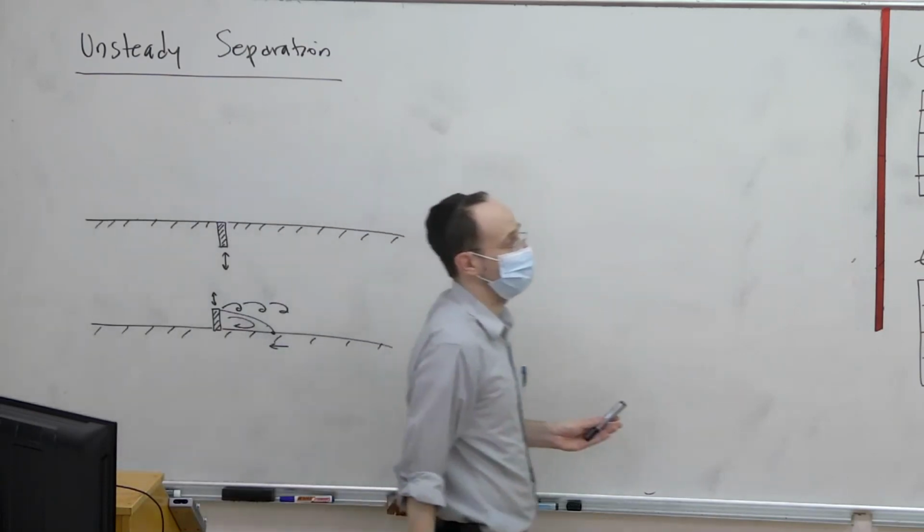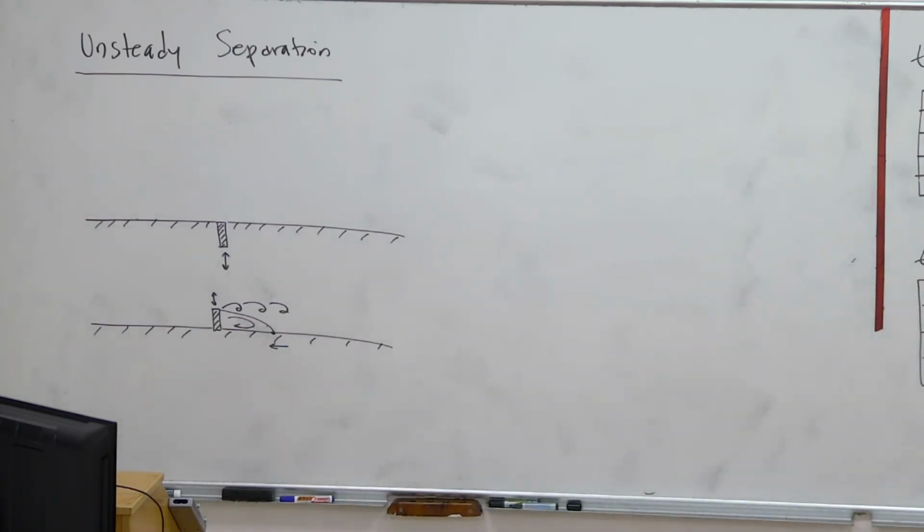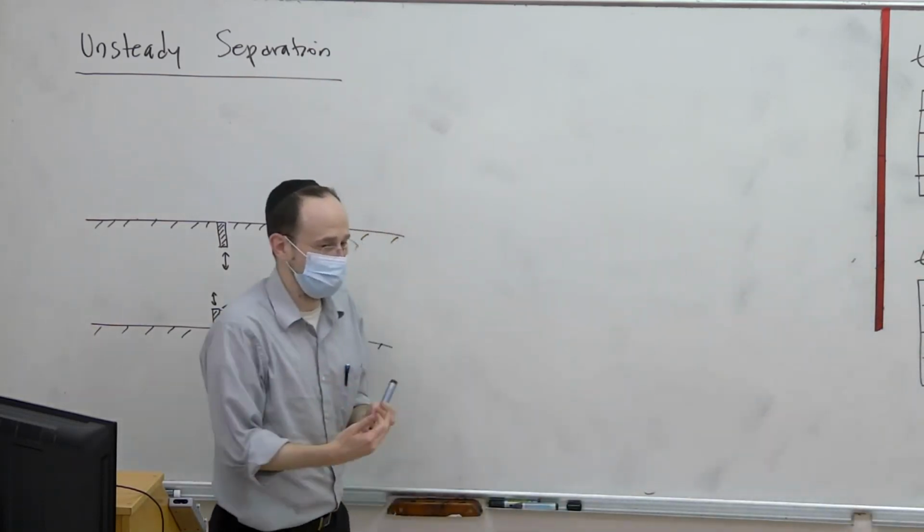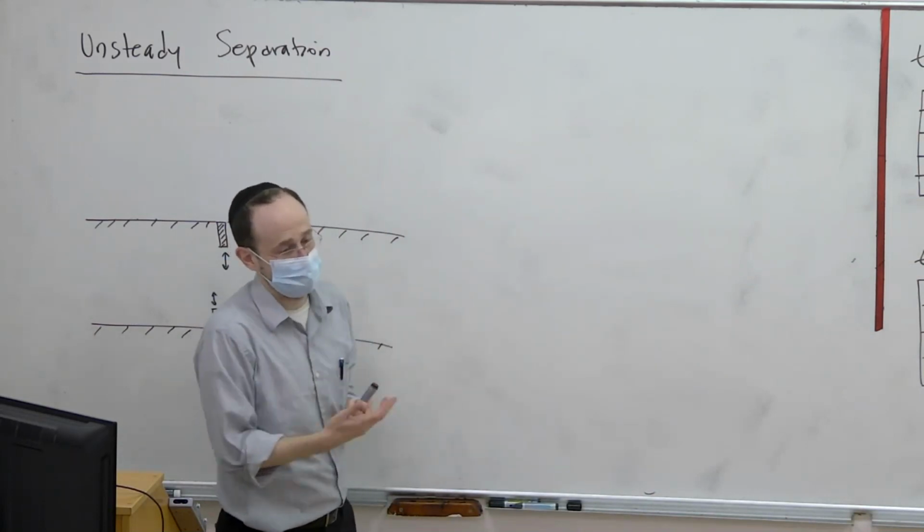So if I have a flow problem like here, where I know that I'm producing a separation bubble and this is moving up and down with a particular frequency, I could imagine putting some little fence here on the top. And I can imagine tuning that fence to the right frequency to try to interrupt the process of vorticity transport in this downstream region.